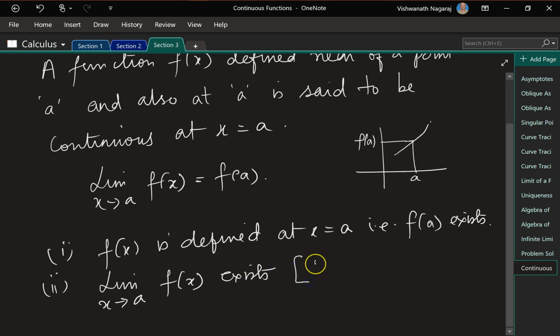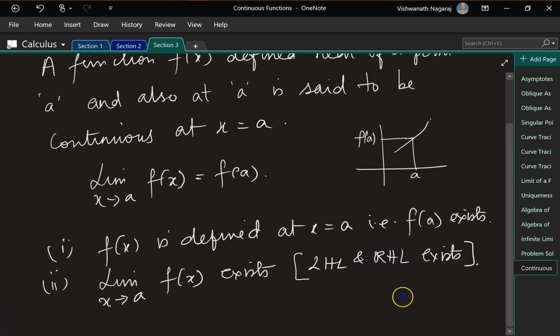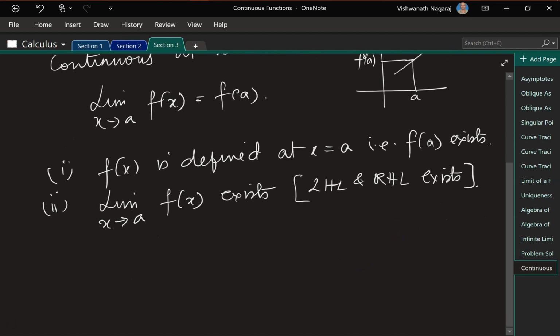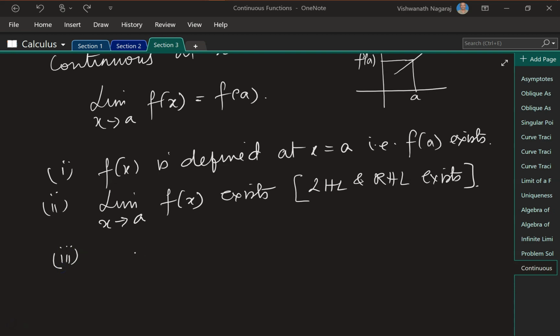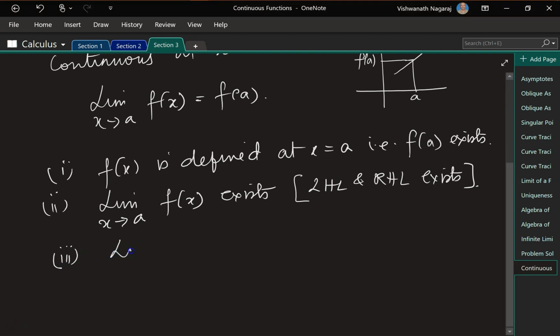That means the LHL and RHL exist, left hand limit and right hand limit. And finally, the above two are equal. That is, limit as x approaches A of f of x is equal to f of A.